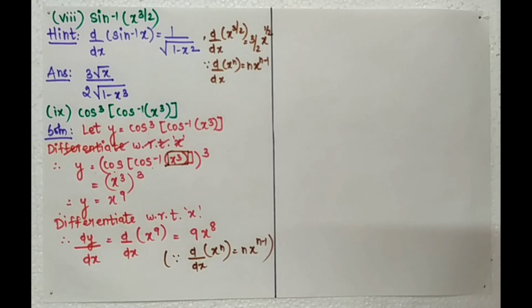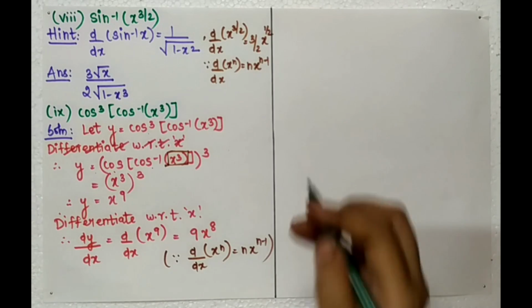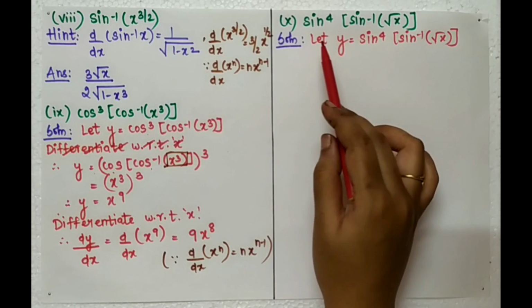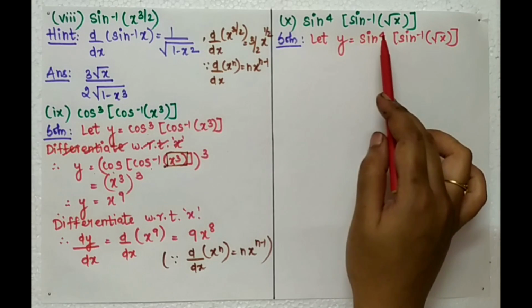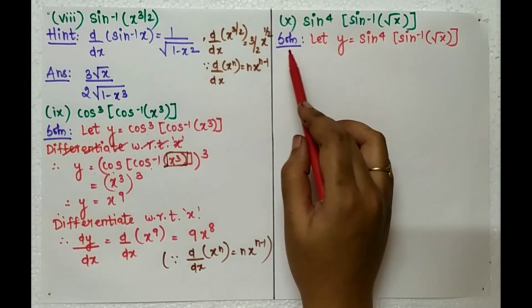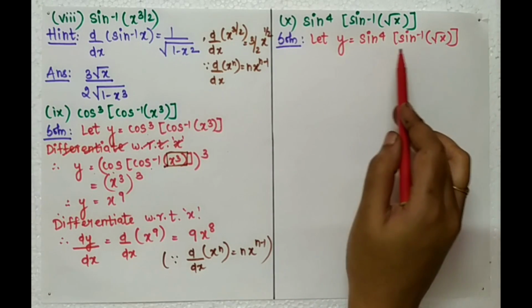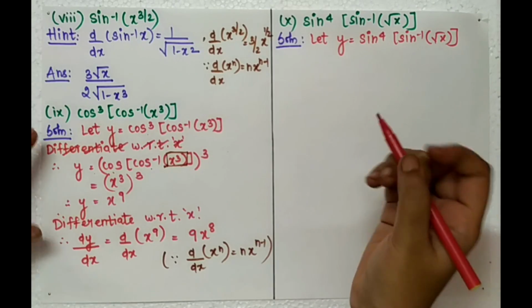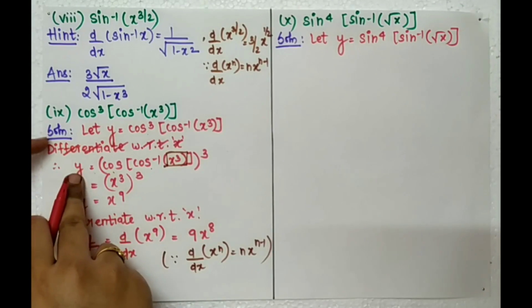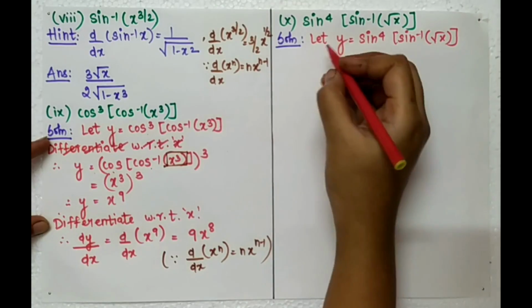Now we'll solve question number 10. See, in question number 10, we have sine raised to 4 of sine inverse of root x. So we let y equal to sine raised to 4 of sine inverse of root x. Similar to question number 9, we will simplify first.